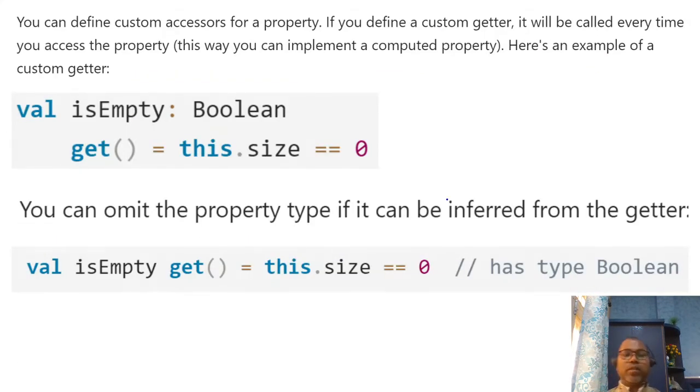So what is the general syntax? You use the val keyword, then define your variable name, your data type, and then you can define your getter. Kotlin can automatically infer the data type.